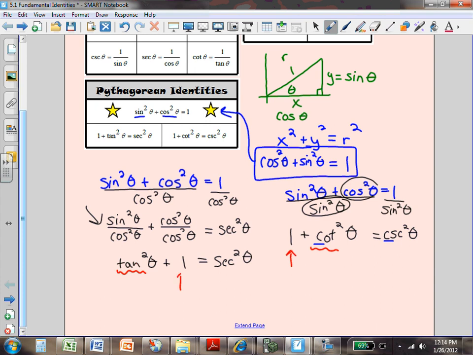They always have the 1 added to them. So your c's go together for cotangent squared and cosecant squared. And then, of course, that leaves tangent to go with secant squared. And in both cases, the thing that has tangent in it needs a +1 for a little help. And those are the identities that we expect you to learn and know by heart.